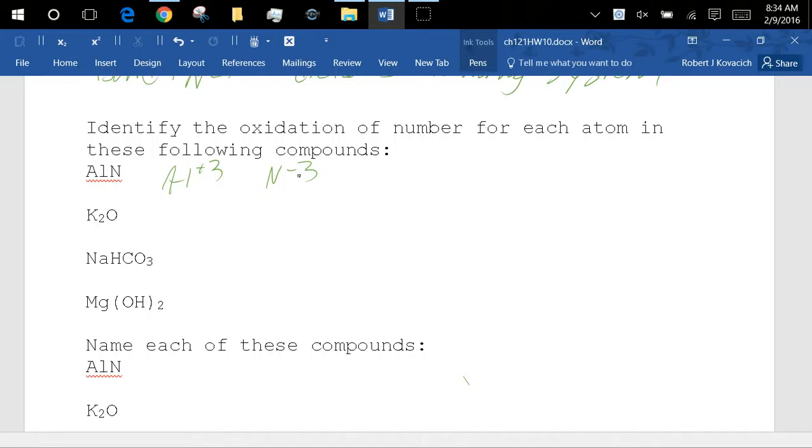And so then the nitrogen has to make it 0. All right, how about the potassium? How do you know that? Position on the table, group 1 metal. Okay. And then the oxygen's charge? How do you know that?